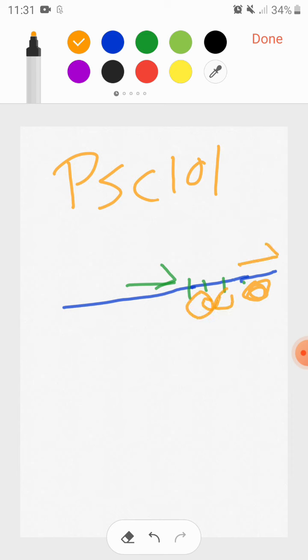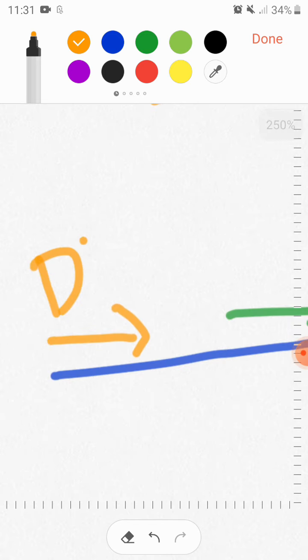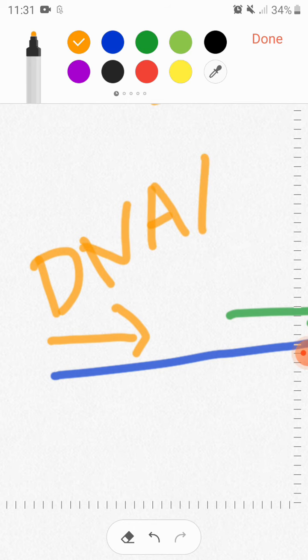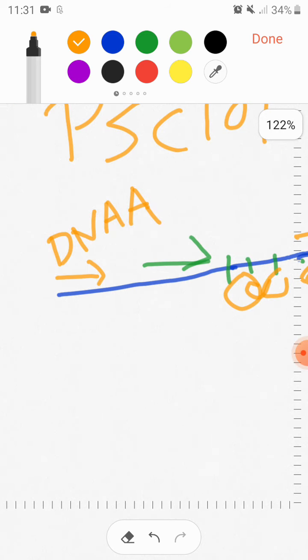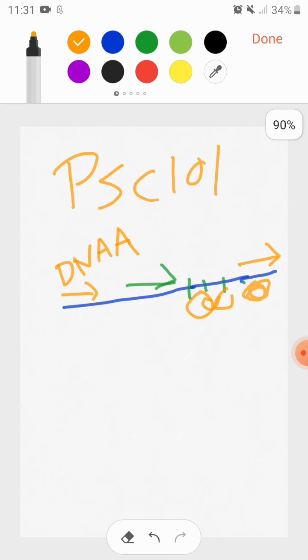This is the Rep site, and this one is the site for the DNA binding protein, that is DnaA. We know that DnaA, DnaB, those things are also required for the origin of replication.